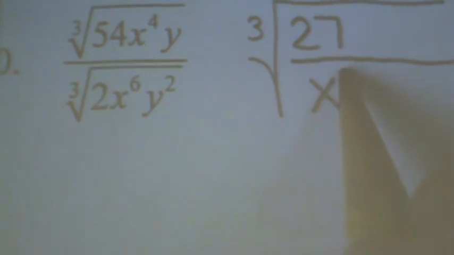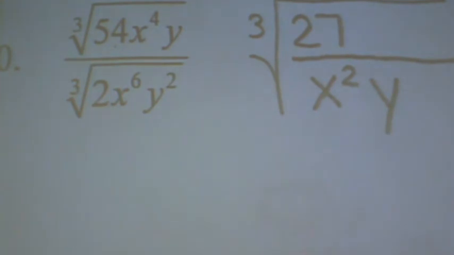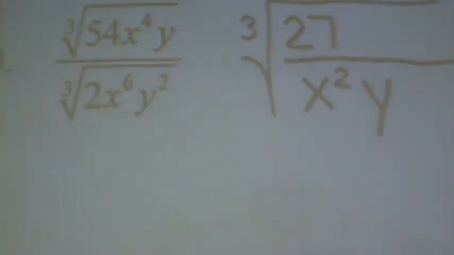X squared. Looks like we're going to have to rationalize this one, right? Who wins in the y's? The bottom by 1. Okay, now this is one where you're going to have to do a little operation.